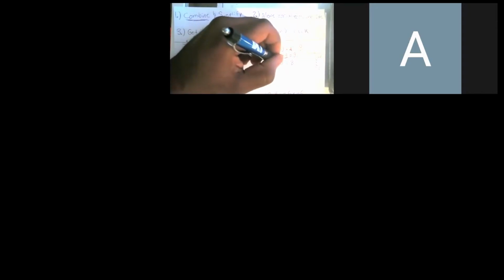Just like in this problem, I had to get rid of the plus 5. Get rid of your addition and subtraction first after you have the variable on one side. So this time we have a negative 8. In order for this negative 8 to go away, I have to add. The goal is to make it go away, and to make it go away, I have to turn it into a 0.